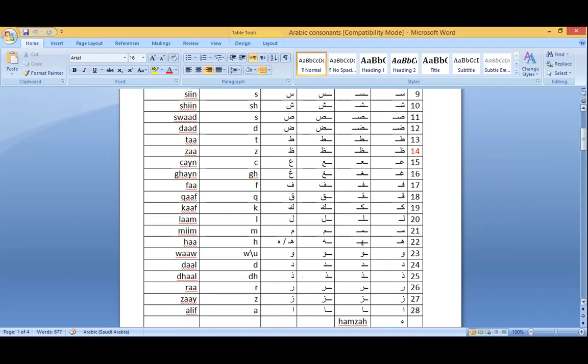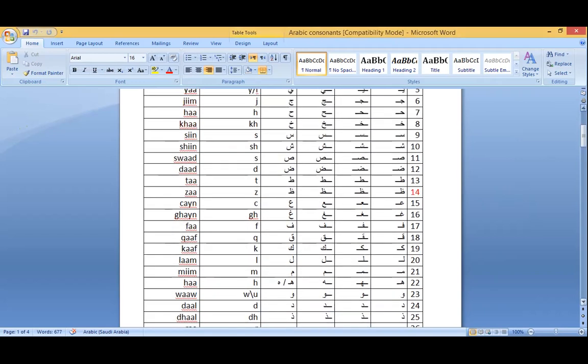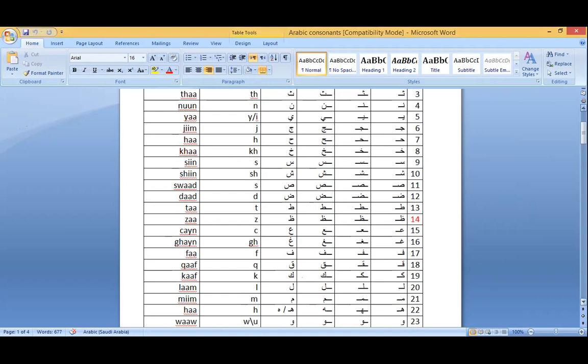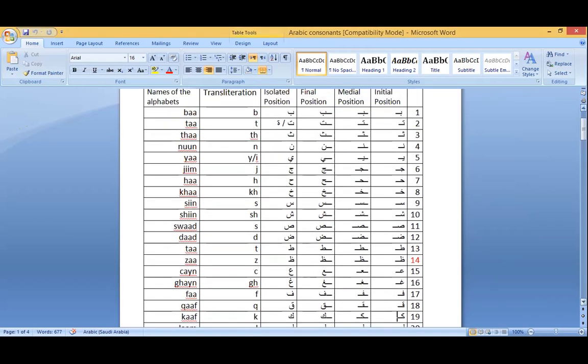That's good. So in what is called the initial position, we have two letters that changed their shapes. That is ya, because this is ya initial, and that is ka, because this is ka initial. So we have these two letters that changed their shapes. Are we together?